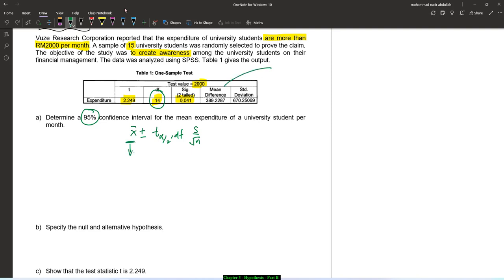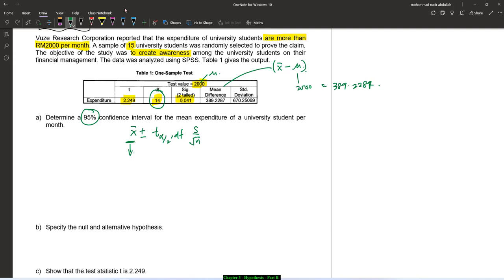By looking at the mean difference, which is x bar minus mu from the test. So this is the mean difference, and this is the mu, 2000, equal to 389.2287.